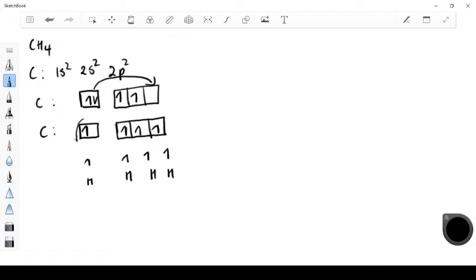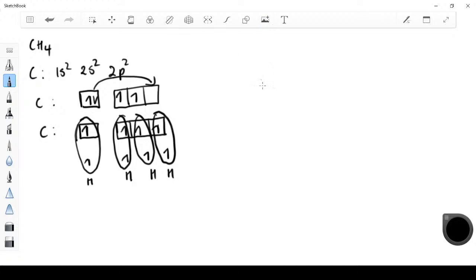If there was no concept of hybridization, it was assumed that the atomic orbitals overlapped, and you would get something like this, where the 1s of hydrogen approaches the 2s and 2p of carbon, forming bonds like this.